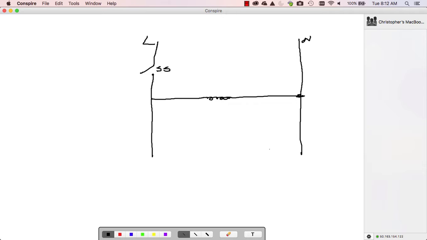Let me just neaten that line up a little bit here. Went too far over there. Okay, so let's label this. I'm going to label it EFM for evaporator fan.